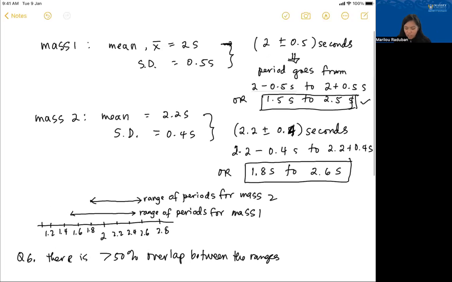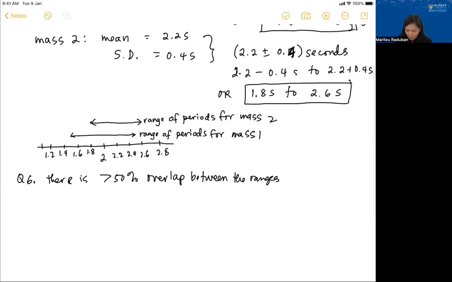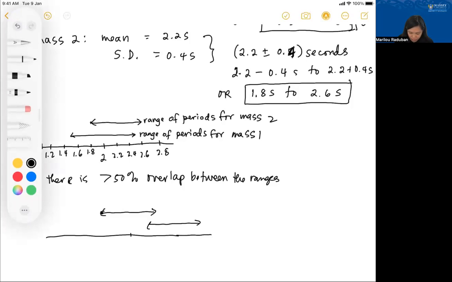But if there's very small overlap, say, for example, the range of your measurements looks like this. There's a very small overlap.